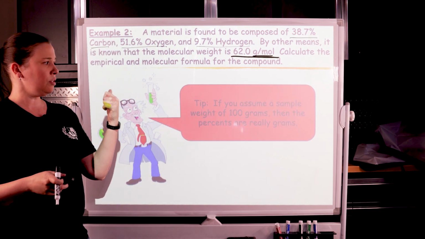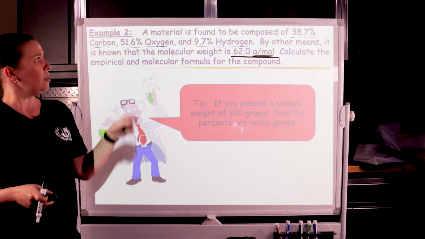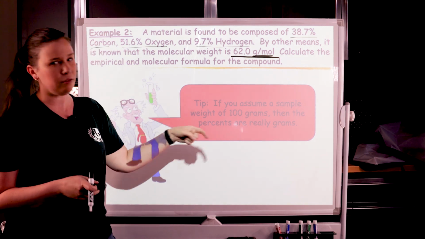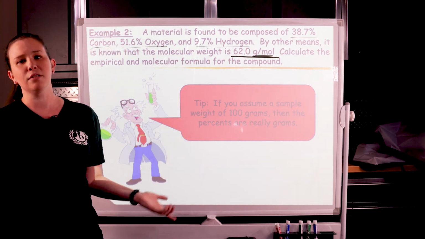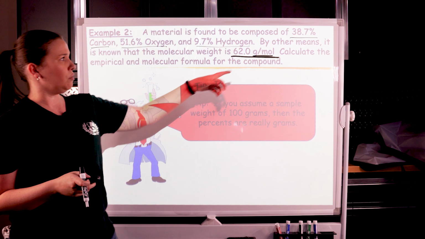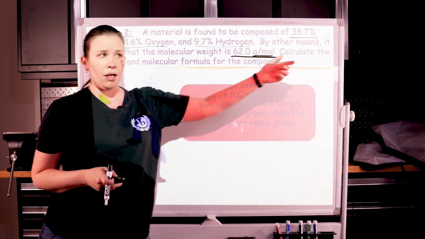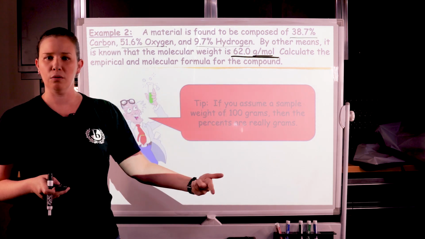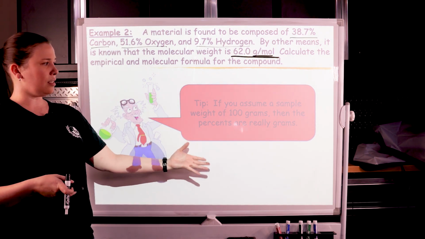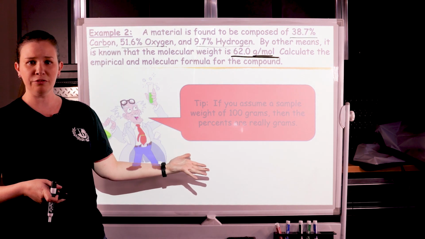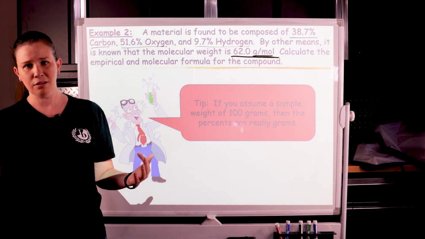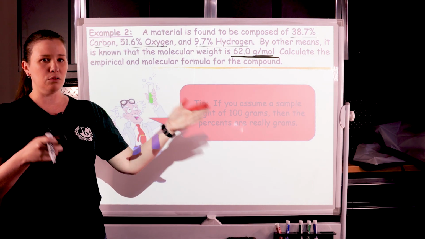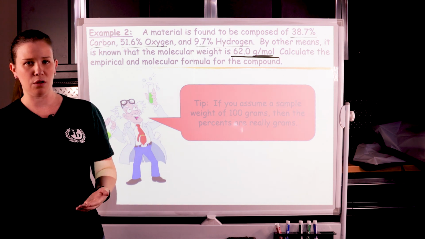100. So if we just assumed there's 100 grams, then we could find the percentage of 100 grams, which is going to be a very simple calculation, right? Basically, it would be 38.7 grams, 51.6 grams, and 9.7 grams. Because it doesn't matter what you're finding the percentage of, the shortcut here, bottom line, is to just use the percentages as grams for your starting point.